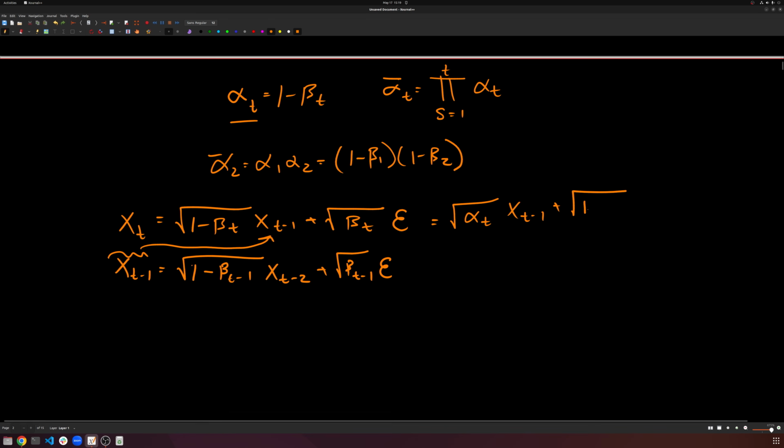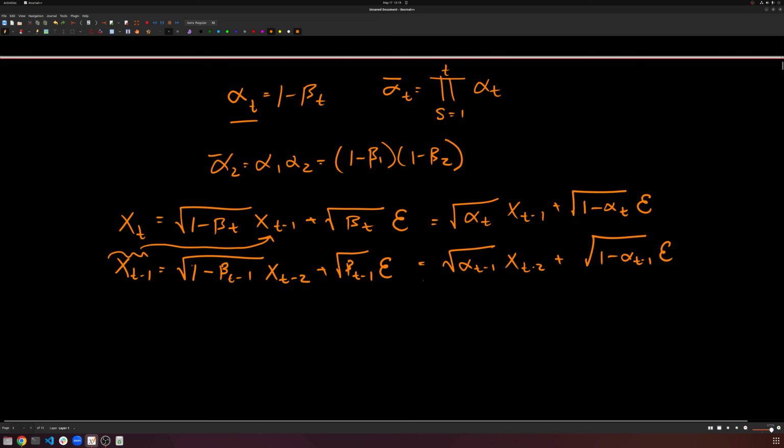So it's going to be square root of 1 minus alpha_t, epsilon. And then this one's similarly going to be the square root of alpha_{t-1} x_{t-2} plus square root of 1 minus alpha_{t-1} epsilon, just like that. Again, it's just to get the notation right, and you'll see exactly why this is important in just a bit.